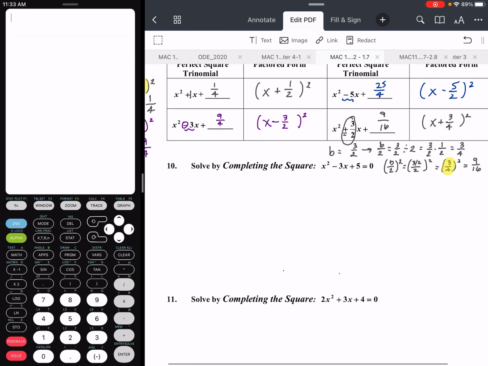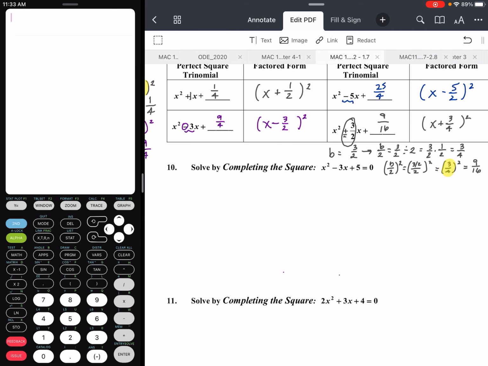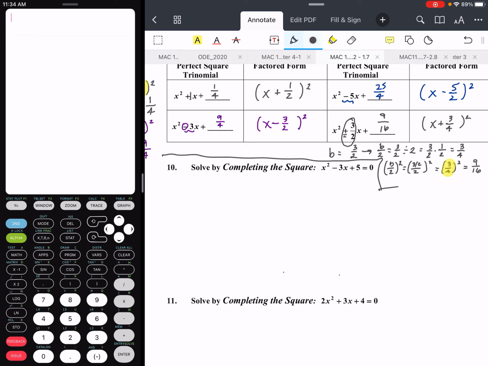So let's take a look at number 10. Sorry, I bled down in there a little bit. All right, so we've got x squared minus 3x plus 5 equals 0. We want to solve that equation using completing the square. First, I'm going to move my constant over to the right-hand side of the equation. So I have x squared minus 3x equals -5.